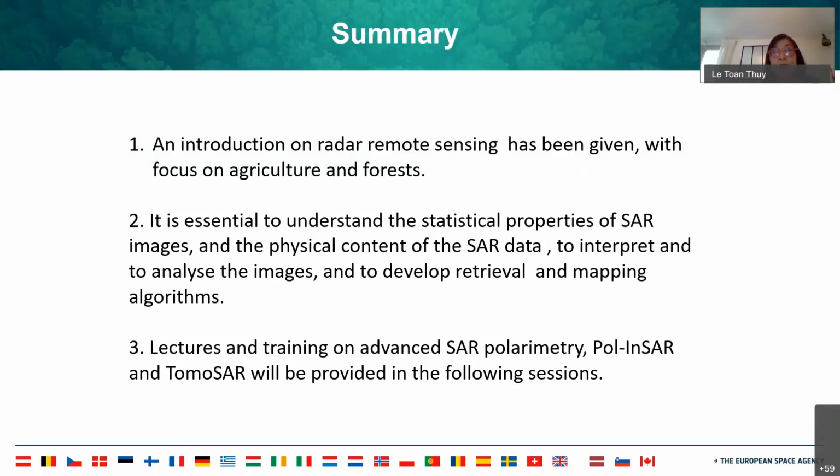If you don't understand, you can have one example, and then it cannot apply elsewhere. So you will have lectures and training on advanced SAR, polarimetry, PolInSAR, and TomoSAR in the following sessions this week. So normally this one is supposed to give you some basic things that you can understand by hand, understand what is what, and then the detail will be given in the following lectures. So thank you very much.